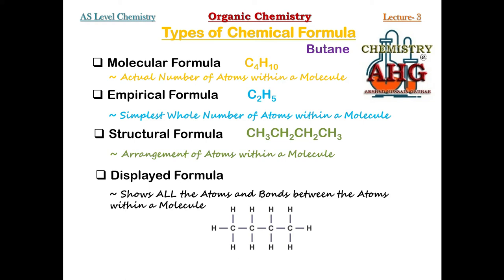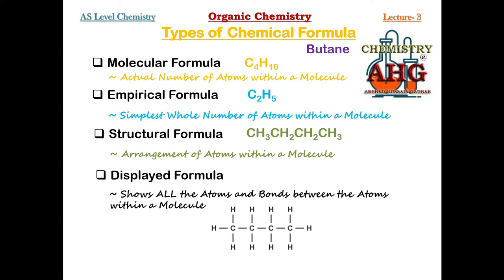One carbon is having how many single covalent bond? 4. And each hydrogen is having how many single covalent bond? 1. Whenever we are getting this type of information from a chemical formula, it is known as displayed formula.